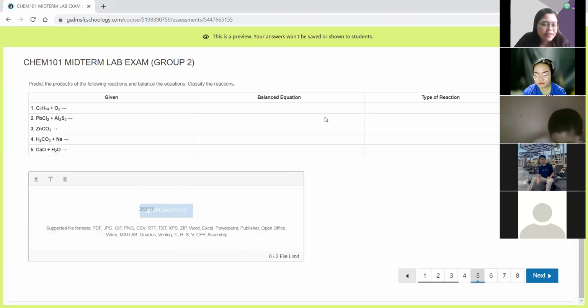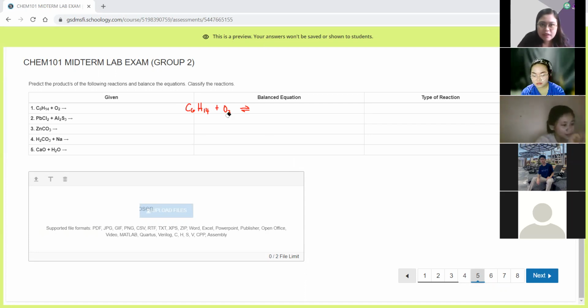So how about this? The instruction is you have to predict the products of the following reactions and you have to balance the equation. For number 1, this is C6H14 plus oxygen. Remember that this is a combustion reaction.